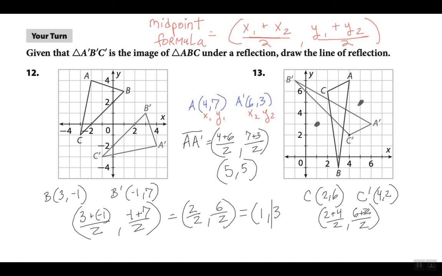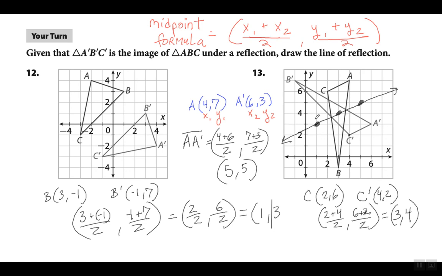Okay, so the midpoint for C prime is going to be 6 divided by 2, which is 3. And 6 plus 2 is 8, so 8 divided by 2, which is 4. So it should be at 3, positive 4. 3, positive 4 is right there. So I got my 3 dots, I connect them, and there's my line of reflection.